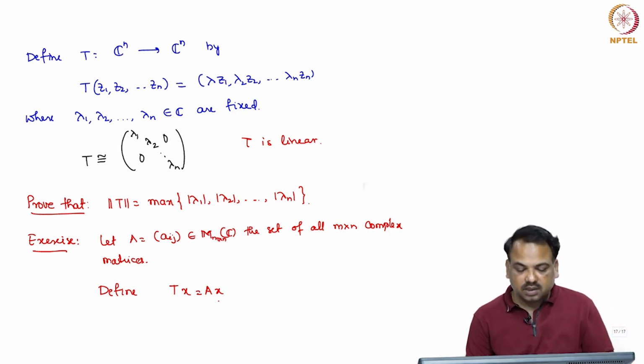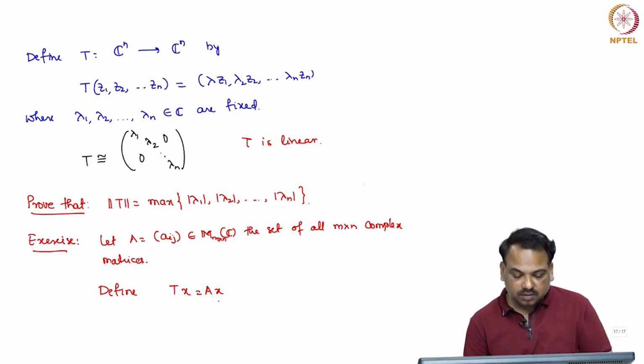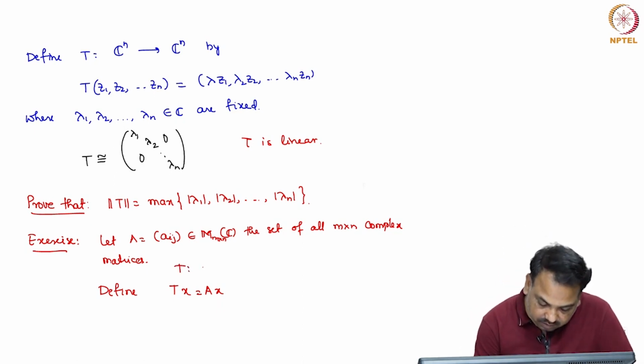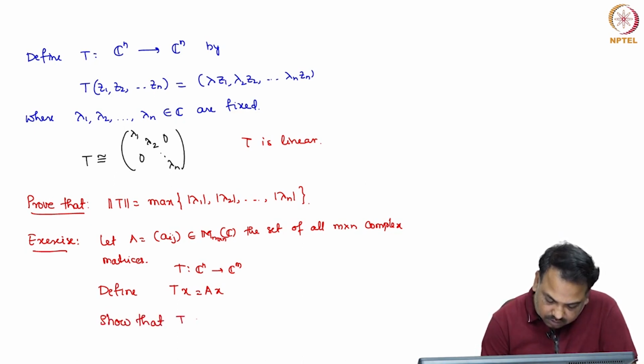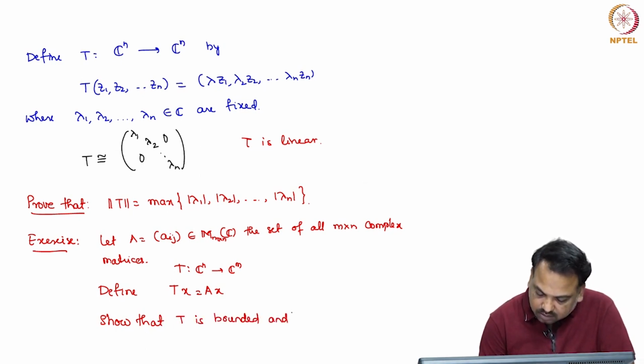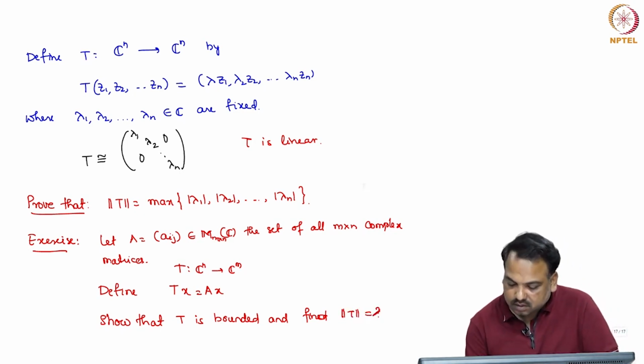Now A can be viewed as a transformation from Cn to Cm. So A acts on Cn, so T is a map from Cn to Cm. Now show that T is bounded and find the norm of the operator.